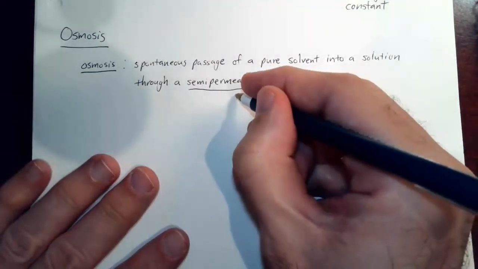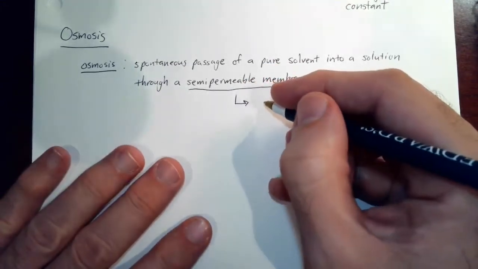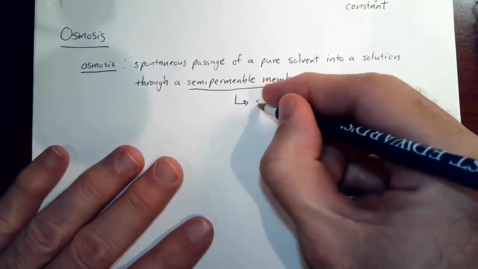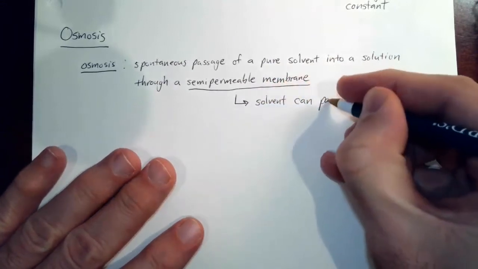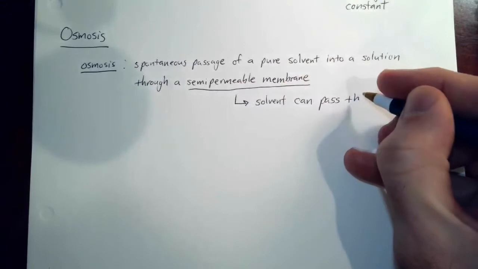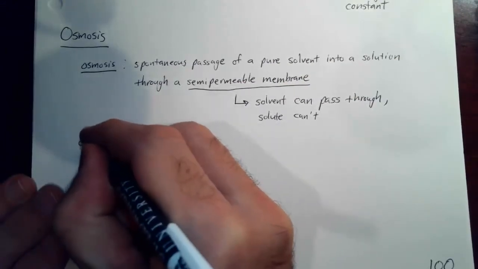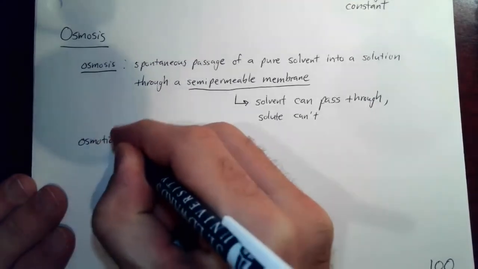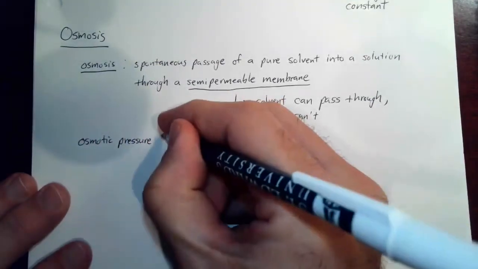And a semi-permeable membrane is one that allows the solvent to pass through, but not the solute. So the solvent can pass through, solute can't. And now let's define the osmotic pressure, which uses the Greek letter capital pi.